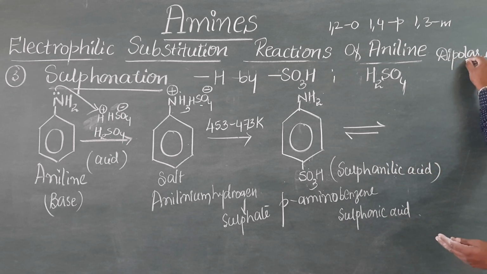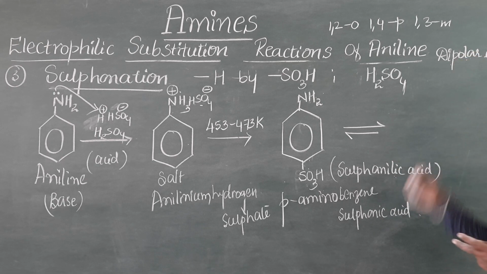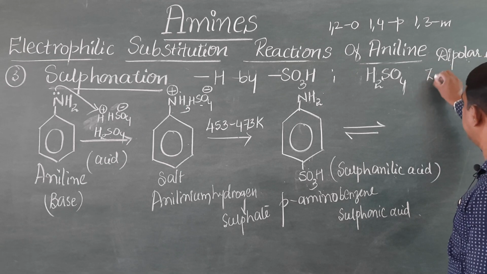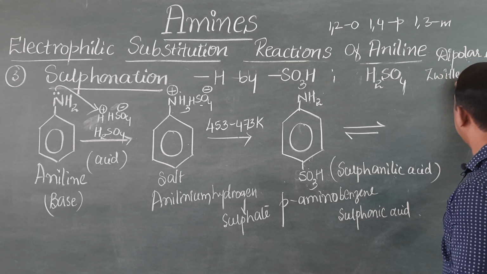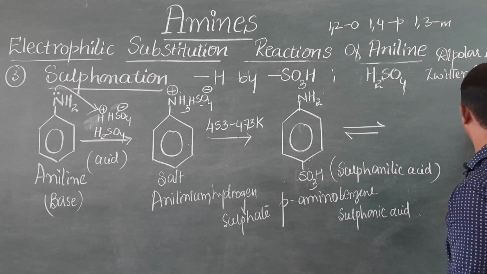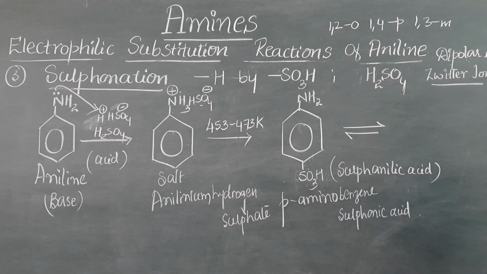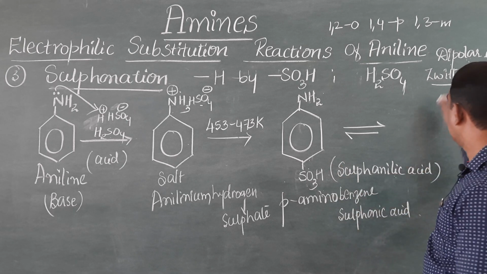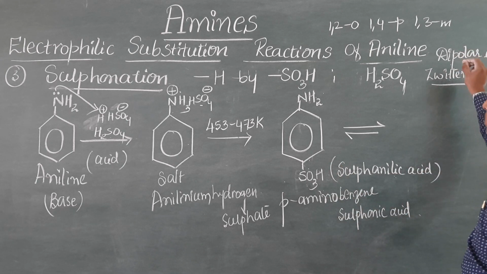Polar means charge. Dipolar means containing both positive charge as well as negative charge. Means it is a neutral species. And this dipolar ion is called a Zwitter ion. So this molecule, sulfanilic acid, exists as a dipolar ion or Zwitter ion in an aqueous solution.